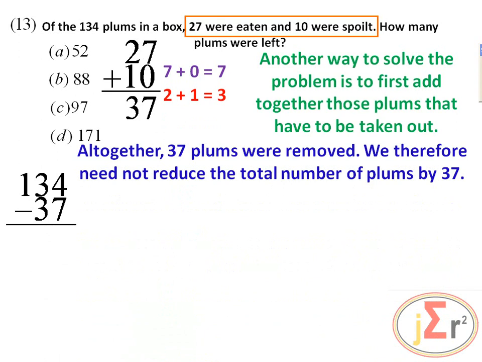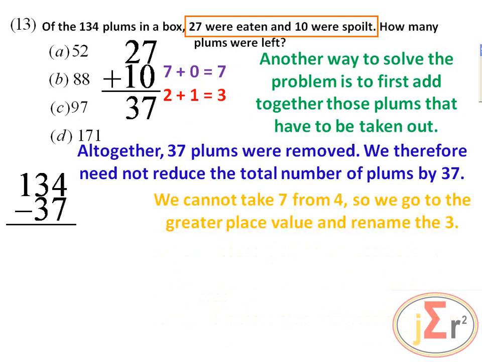134. So instead of taking away 27 and then taking away 10, we may put the 27 and the 10 together and take those, or the total of those, from 134. We cannot take 7 from 4, so we go to the greater place value and rename the 3.